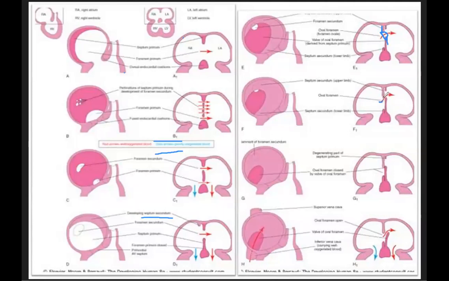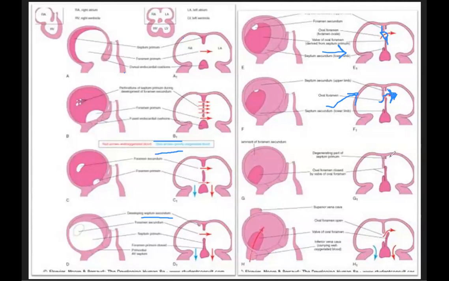And the blood will flow, the oxygenated blood from the right atrium to the left atrium will flow in this manner, in a curved manner, rather than in a straight manner. Here the blood is flowing in a straight manner, but here the blood is flowing in a curved manner, okay.